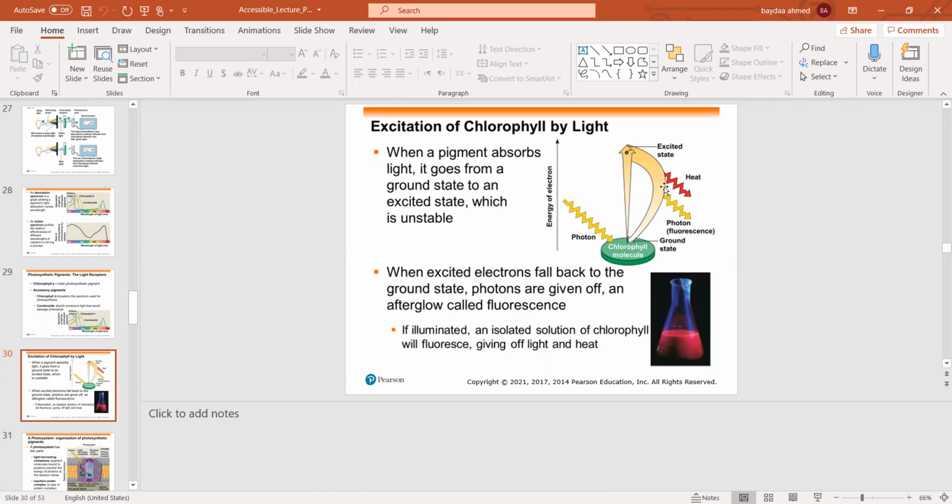If the illuminated molecule exists in isolation, its excited electron immediately drops back down to the ground state orbital, and its excess energy is given off as heat and fluorescent light. A chlorophyll solution here in this flask, excited with ultraviolet light, fluoresces with a red-orange glow.